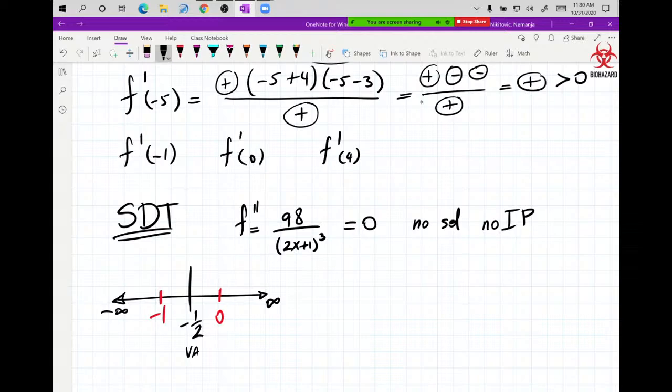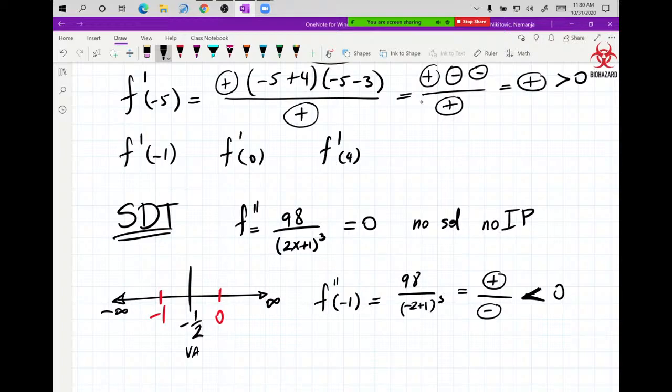So when I do my second derivative test for -1, I have 98 divided by (-2 plus 1) cubed. This is a positive divided by a negative, gives me a negative, so less than 0, concave down.